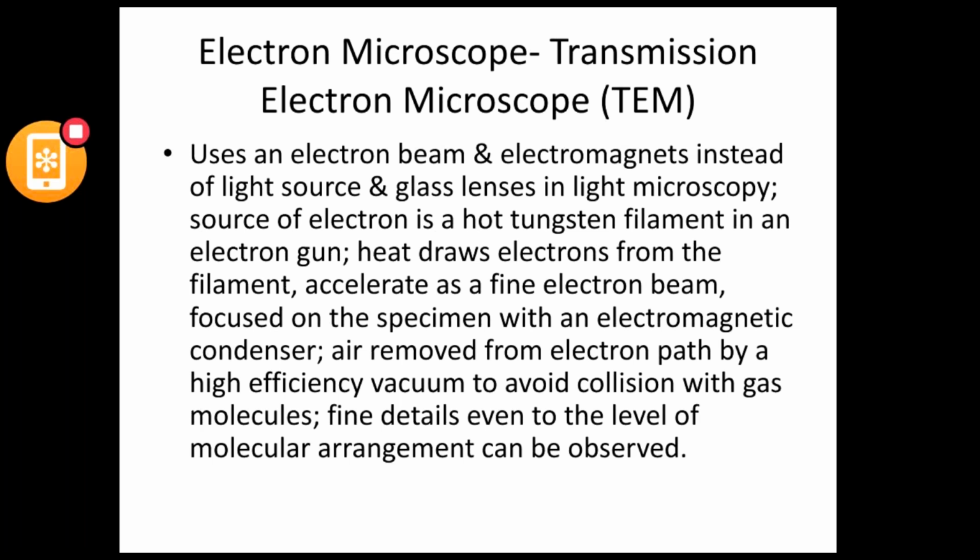Whereas in electron microscopy, using a transmission electron microscope, we can observe the molecular arrangement of a cell. Clear details up to the level of molecular arrangement can be observed. Clear? So that is the first type of electron microscope, TEM, the transmission electron microscope.